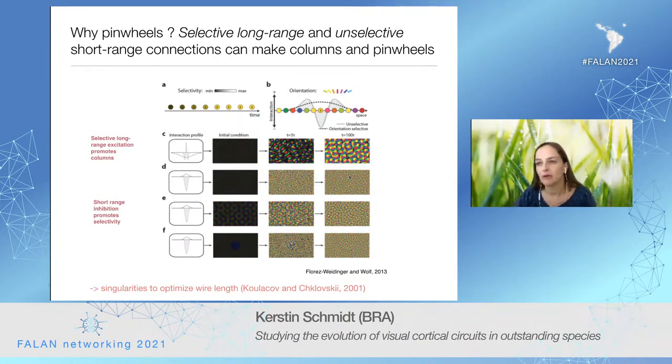At the same time, we know there are also short-range connections which are less selective, and a lot of inhibition which usually has a shorter range than the long-range excitation. If you put all this connectivity in equations, you come up eventually with this pinwheel-like layout for orientation selectivity. If you fiddle around with the weighting of the connections, you eventually come up with different layouts, but still orientation selective neurons.